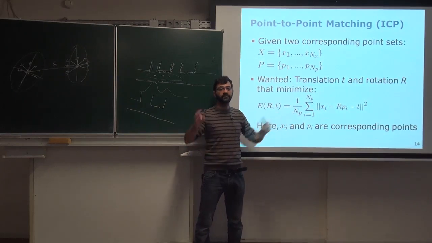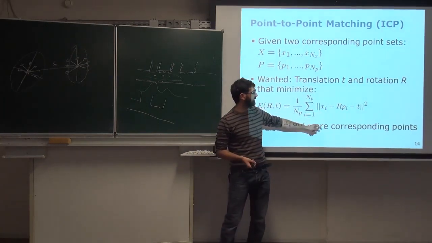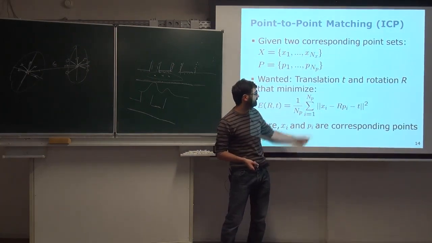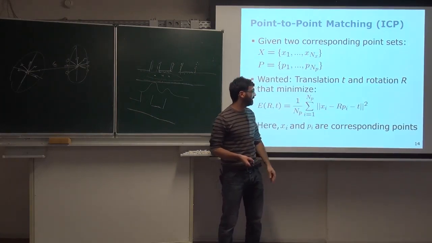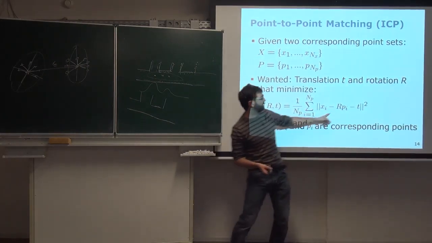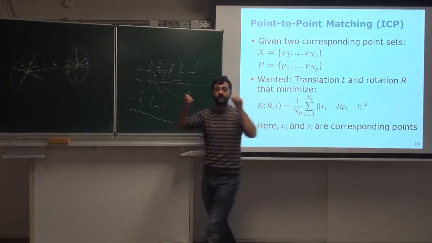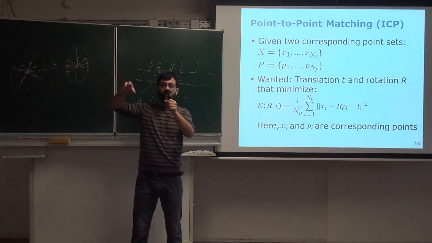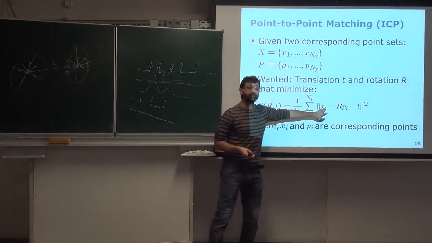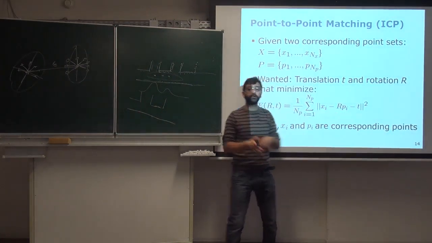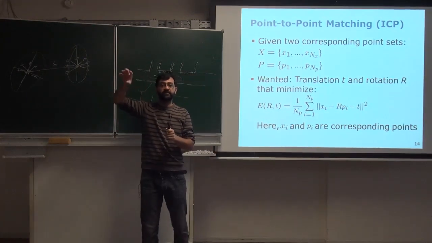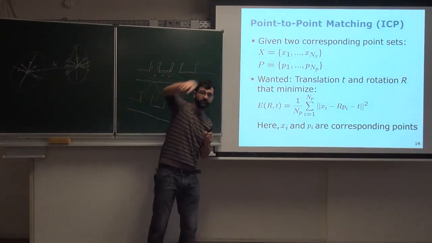The way to compute it is you need to compute the Jacobian of this with respect to the state and the observation, so with respect to R and with respect to X and P. Then you have this double chain, because your uncertainty is in the X and your state is in the R, and you want to project the uncertainty of the error through the observation to the state.